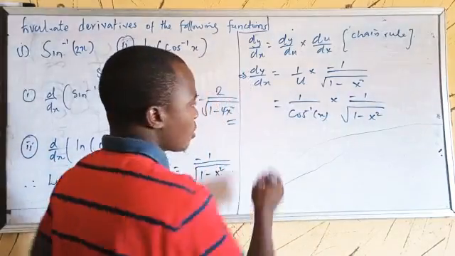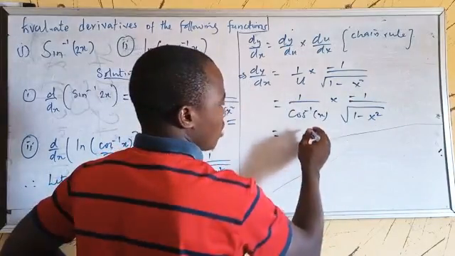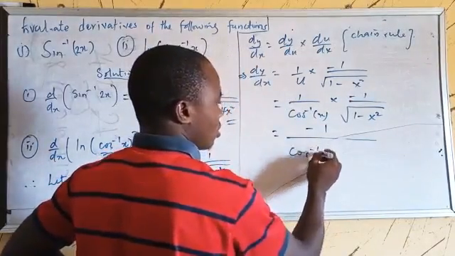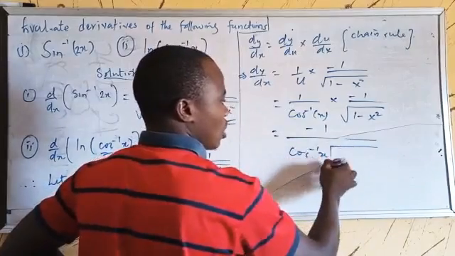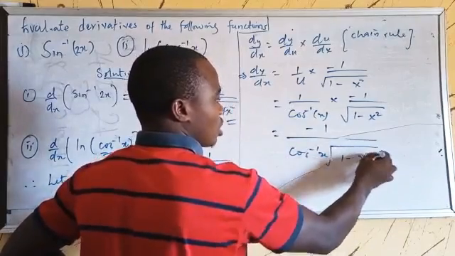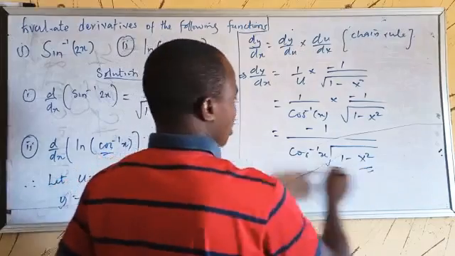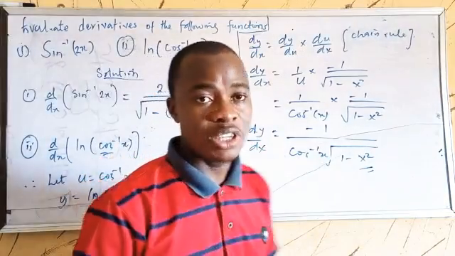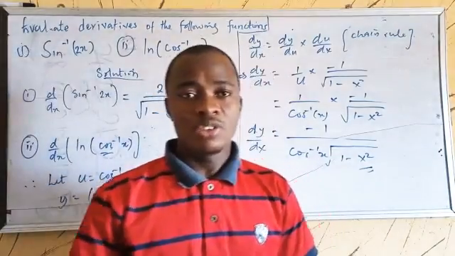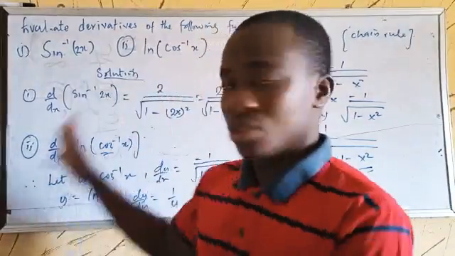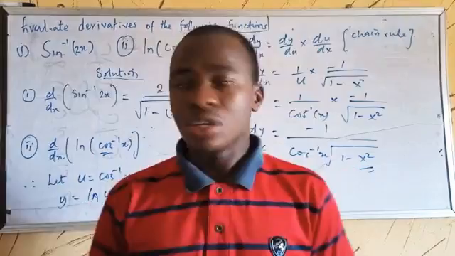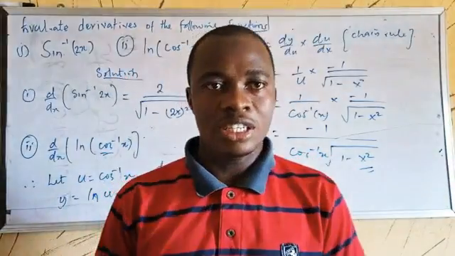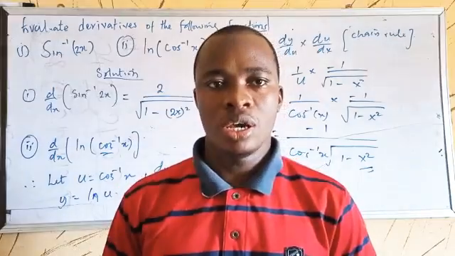Can you get that? So if you multiply this one by this one, I have minus 1 all over cos inverse of x times the square root of 1 minus x squared, which is the solution to the problem given to us. You can see that this is very difficult, so don't look at the ambiguity of the problem. It is the understanding that you require here.